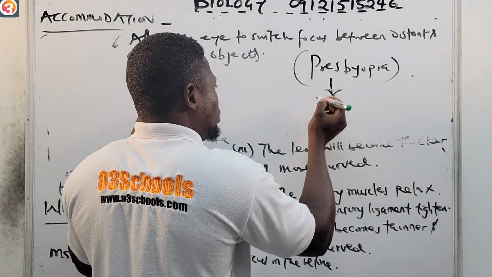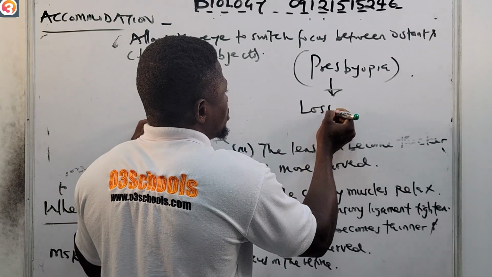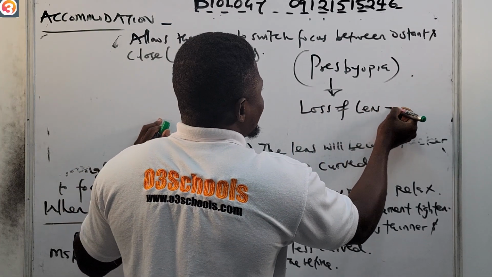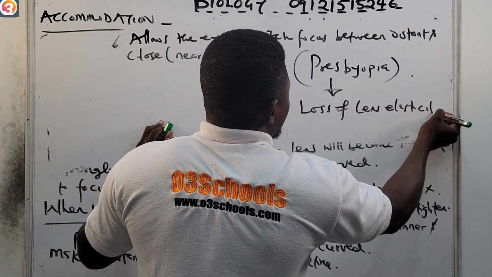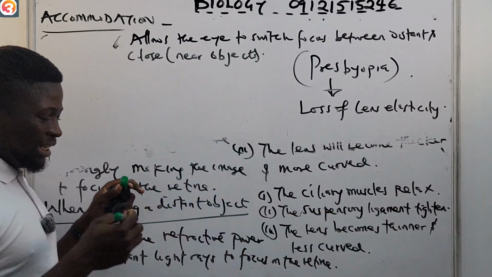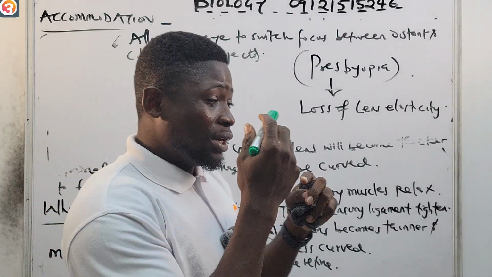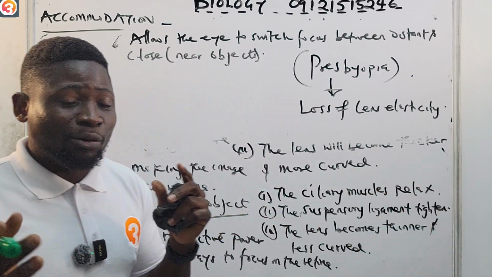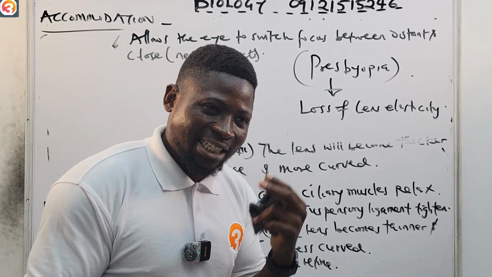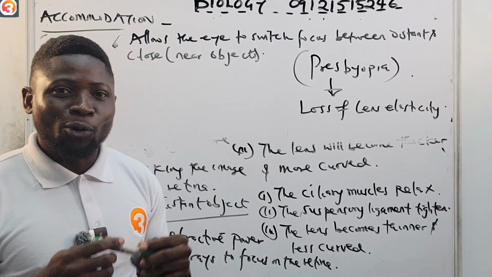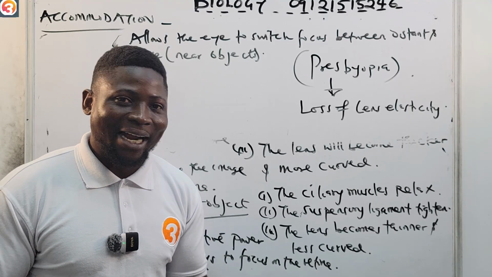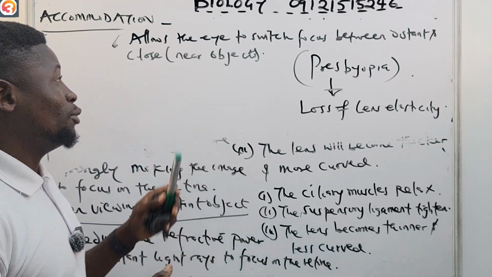So the ability of your lens to focus on near and distant objects declines with age. It reduces as you grow older, and you will grow older. That is that about accommodation.